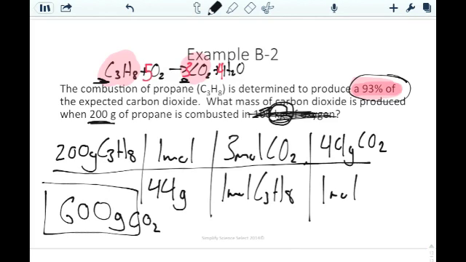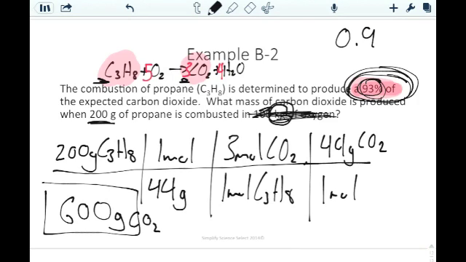So when we're looking at this, all we have to do is, we have 600 grams that can be produced, and 93% of it is what we actually get. Since we know what the percent yield is, we just multiply. And remember, whenever we multiply by a percent, what do we always have to do? Move the decimal.